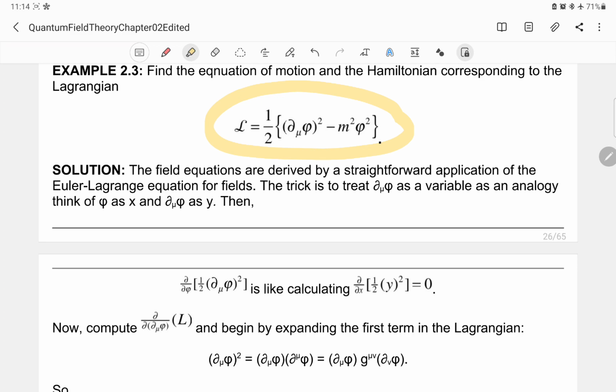So again, we can do a straightforward application of the Euler-Lagrange equations for fields, and then we treat this one as a variable, in analogy to x dot in the classical Lagrangian, and then we think of our phi as x, and then you can think of this as another variable, so that when you do this, that would be equal to 0.